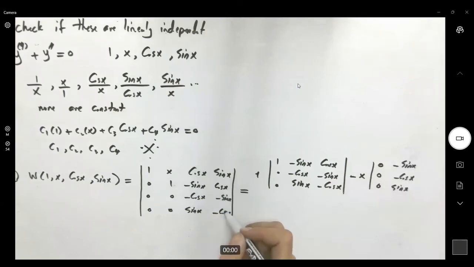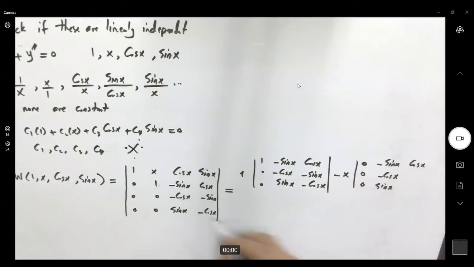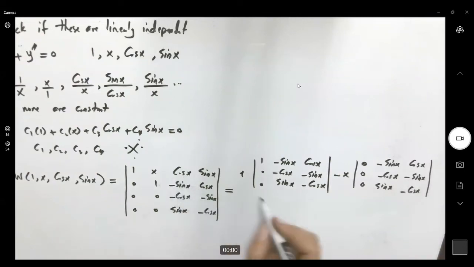And finally cosine x, negative sine x, and negative cosine x. Then we move to plus cosine x and the determinant of this matrix here, 0, 0, 0.